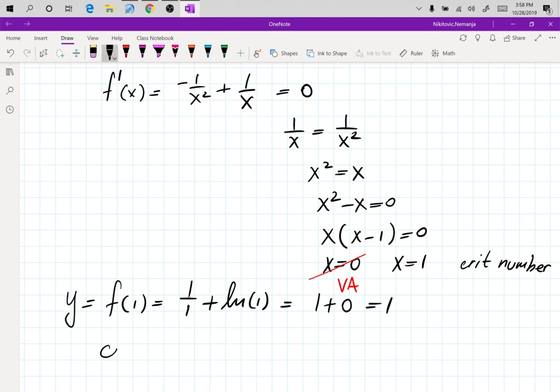And I finally have my critical point, and it's 1, 1. Now the question is, is this a minimum or a maximum?